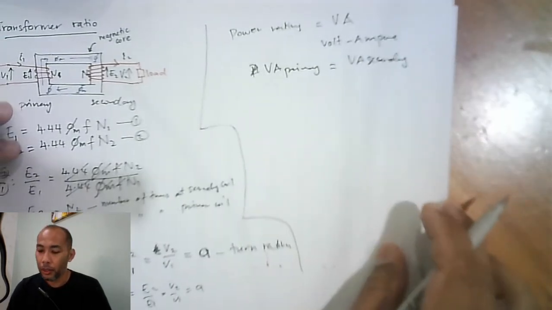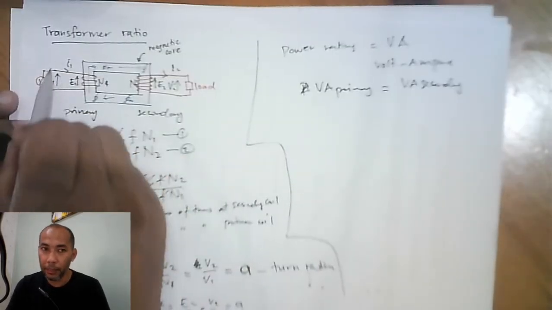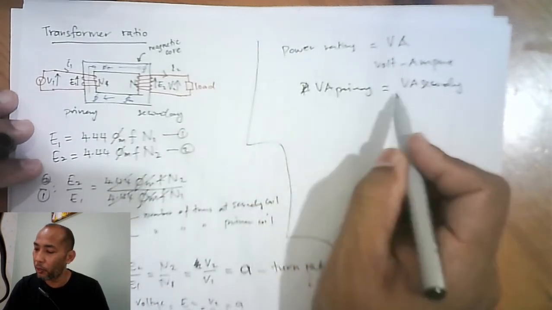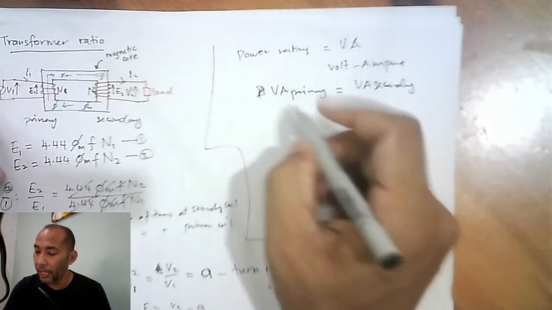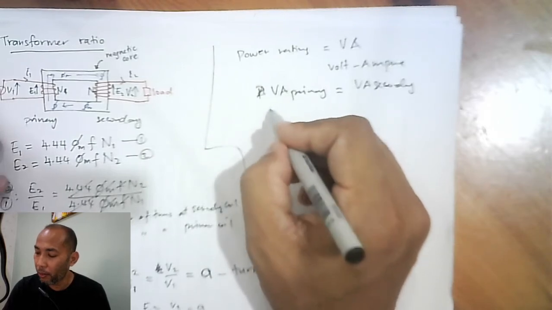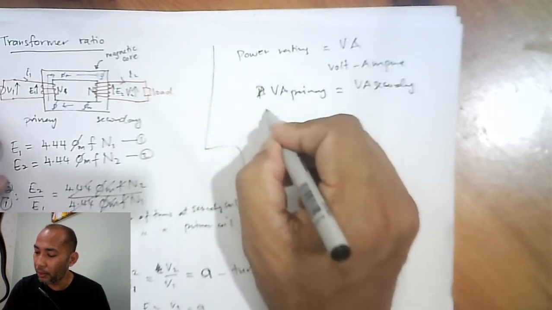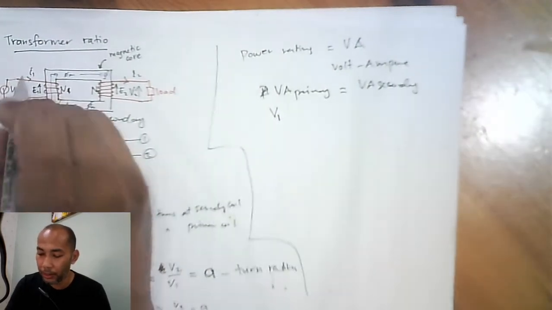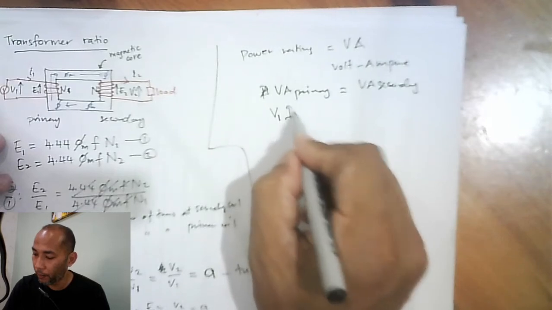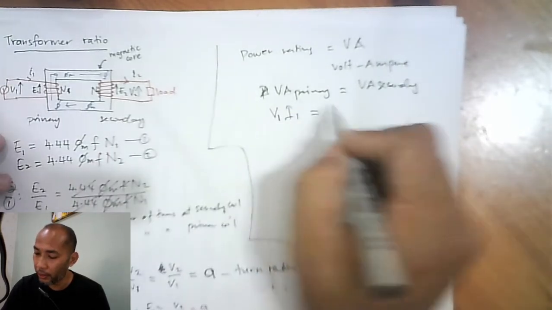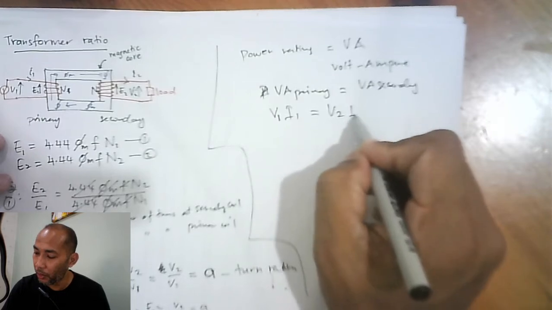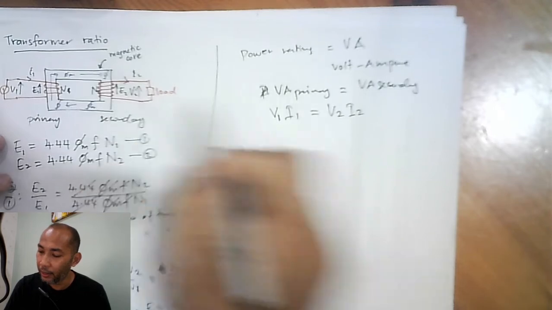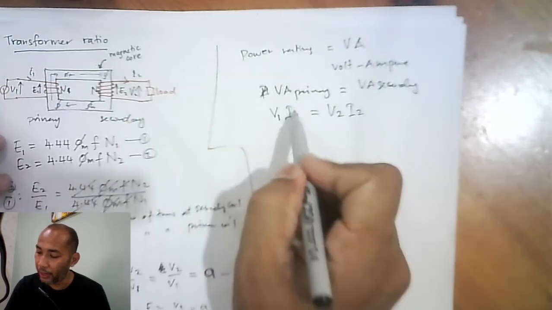With no losses, the power at the primary equals the power at the secondary side. VA is volt-ampere. For the primary side, it is V1 times I1, equal to V2 I2 at the secondary. This one is the VA rating at the secondary, and this one is the VA rating at the primary.